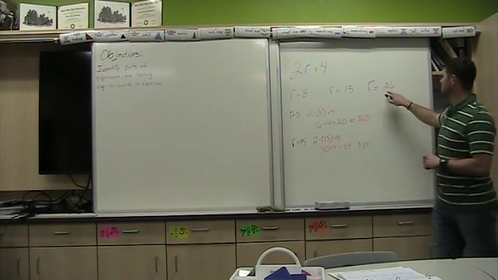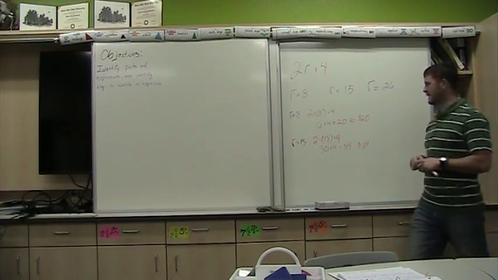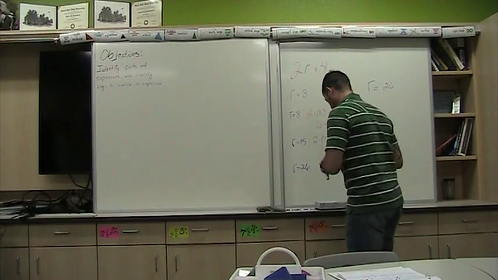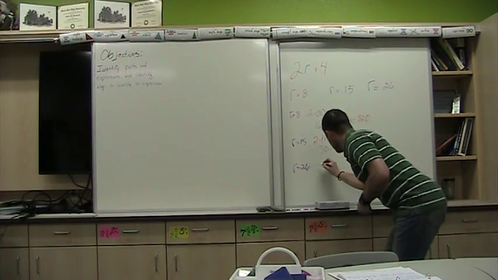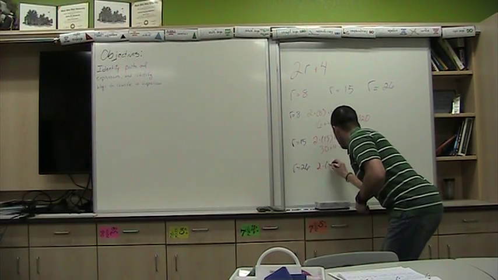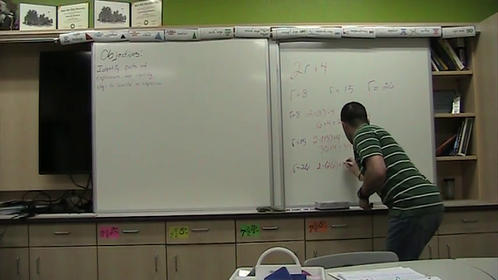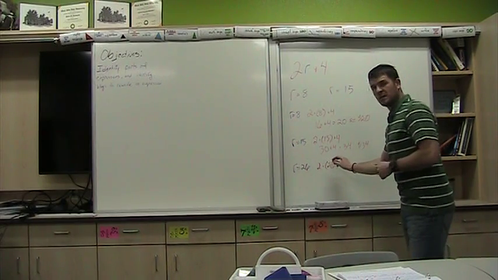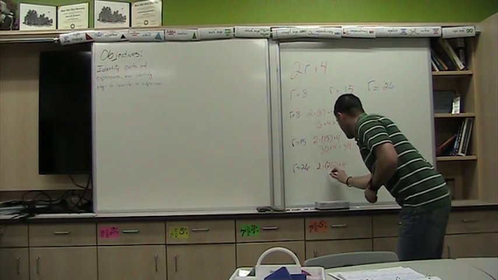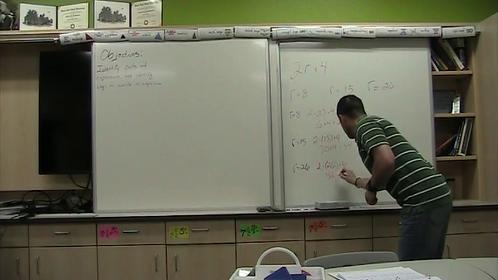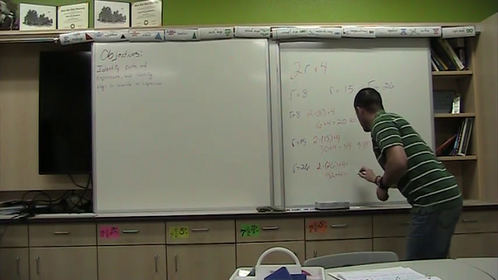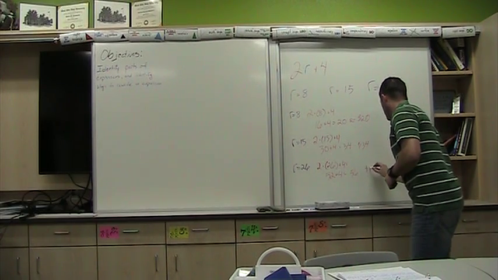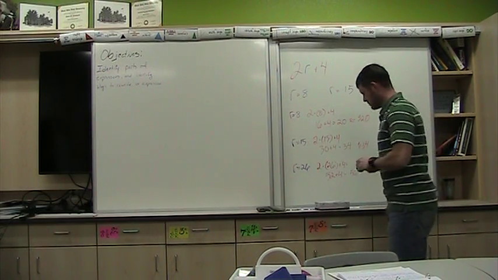Now, we'll do it again, same thing with 26. R equals 26. The expression says 2 times 26 plus 4 equals 2 times 26, that's 52, plus 4 equals 56, or $56.